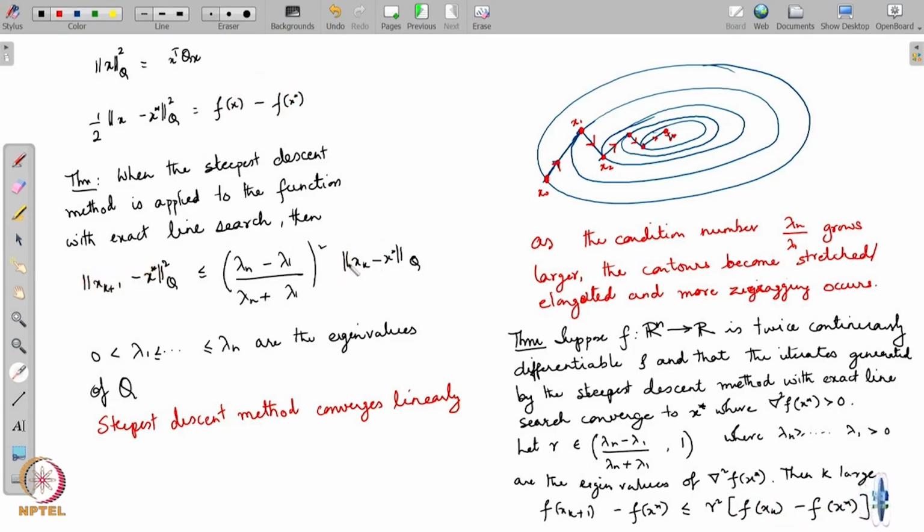So, if you are considering a twice differentiable function, and you look at the iterates that come from the steepest descent method with exact line search, and suppose they converge to an x star where the Hessian is positive definite, then the function value or the error term is going down to 0 linearly.